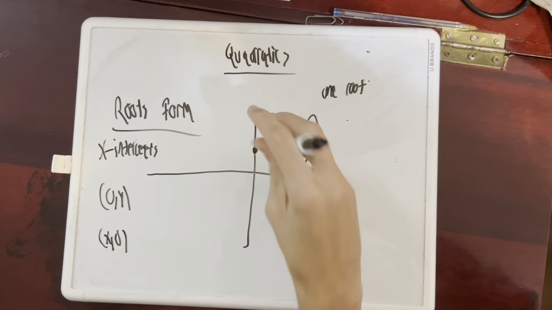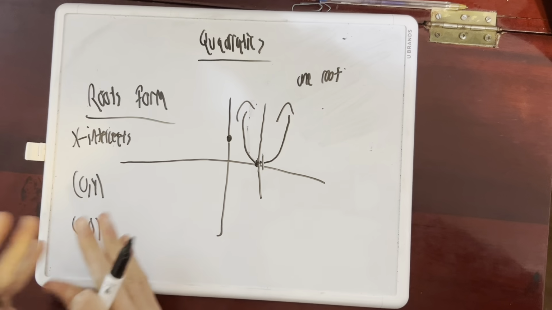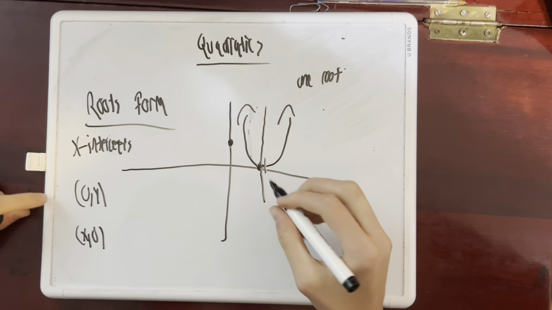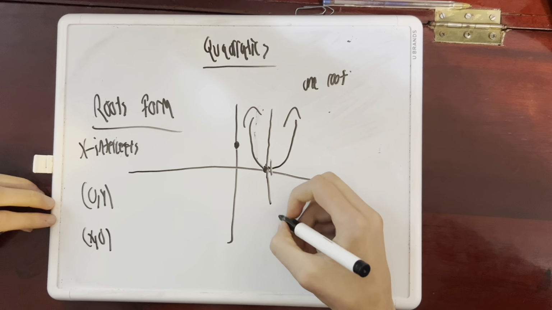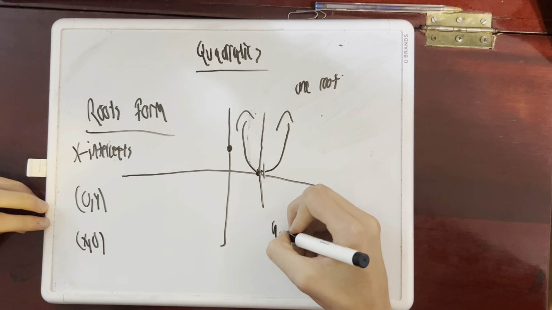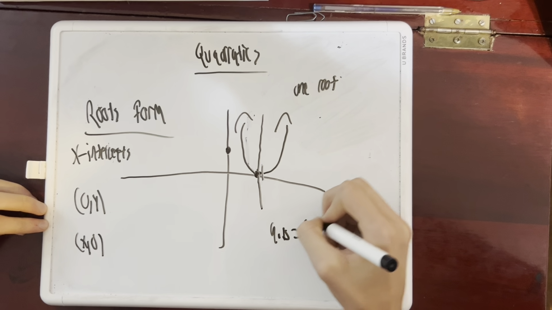Because remember, when we're solving for quadratics, going a little bit away from the objective of our video, if it's in the null factor law, you know that a times b equals 0, so it's always going to equal 0.